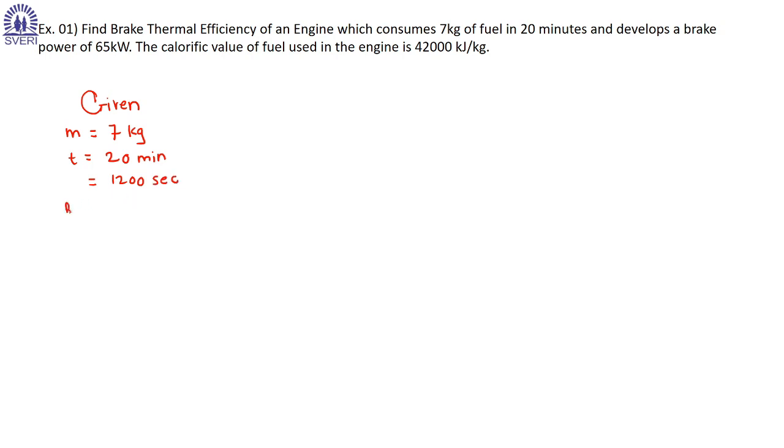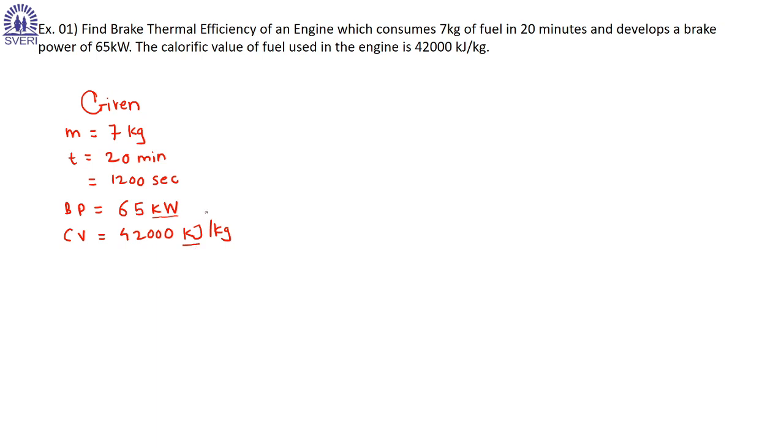Then the brake power is given as 65 kilowatt. The calorific value for the fuel is given as 42,000 kilojoule per kg. So whenever required, please take care of the unit. If it is given in kilowatt, try to convert it into watt. If it is given in kilojoule, try to convert it into joule.